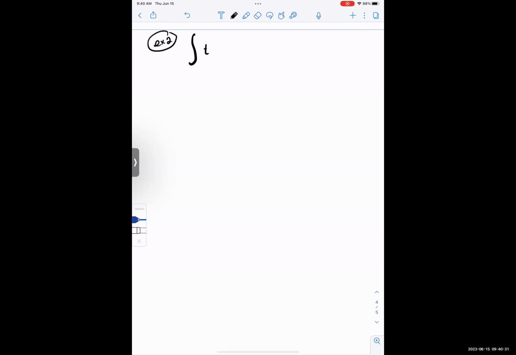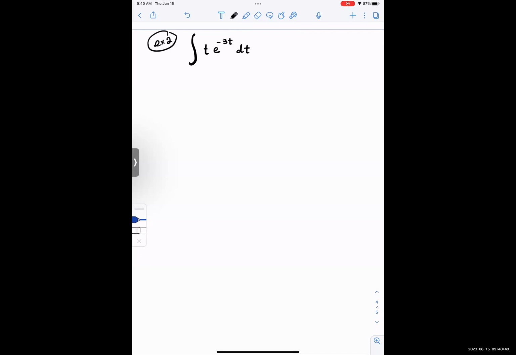Integral of t e to the power negative 3t dt. Okay. So how do you know that this is integration by parts?